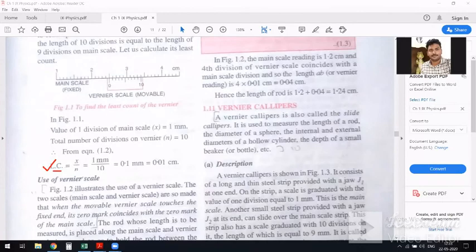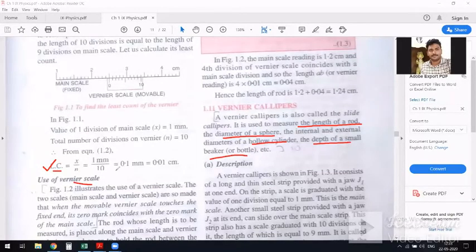Now next question, suppose we are asking what is the use of vernier scale. Here we can make measurement with great accuracy with the help of vernier scale or vernier caliper. If you want to measure the length of a rod, the diameter of a sphere, or the depth of a beaker or bottle, then we can use vernier caliper.